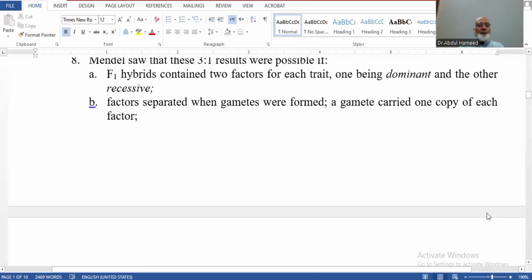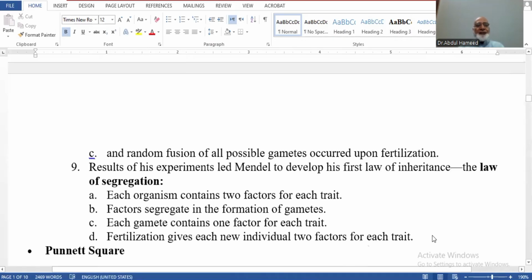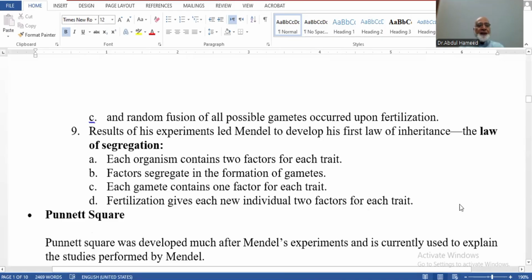It is notable that Mendel did not know the name gene, so he used the word element, which is effector. So results of these experiments led Mendel to develop the first law of inheritance, the law of segregation, which states that each organism contains two factors for each trait. Factors segregate in the formation of gametes. Each gamete contains only one factor for each trait. Fertilization gives each new individual two factors for that particular trait.